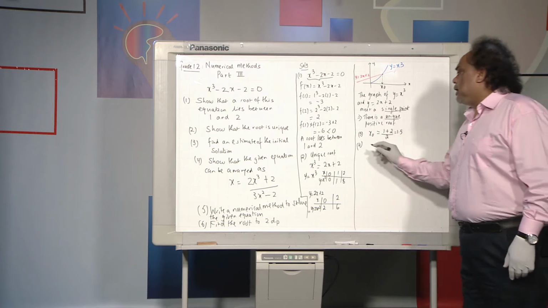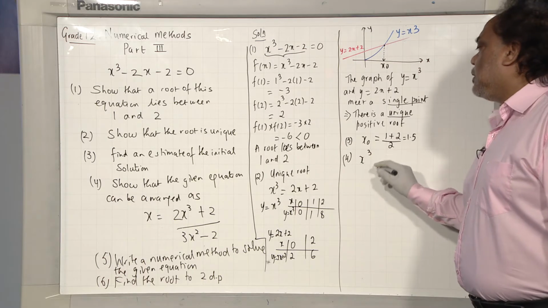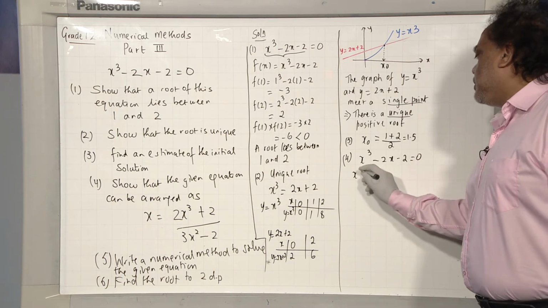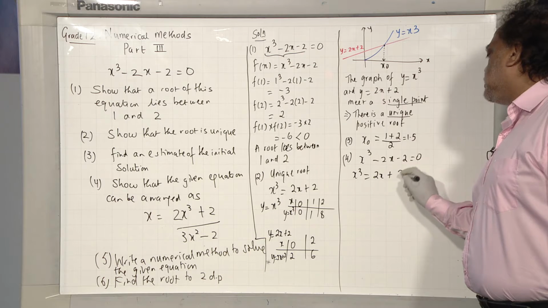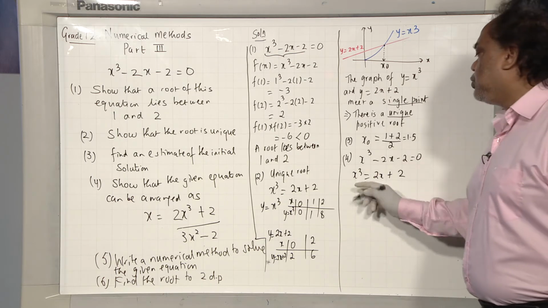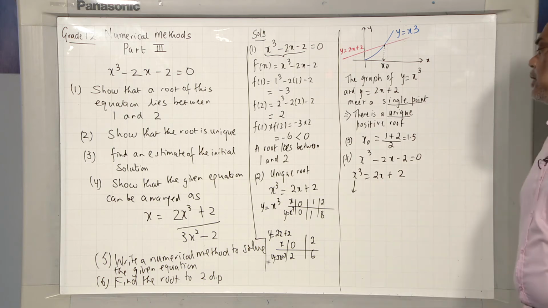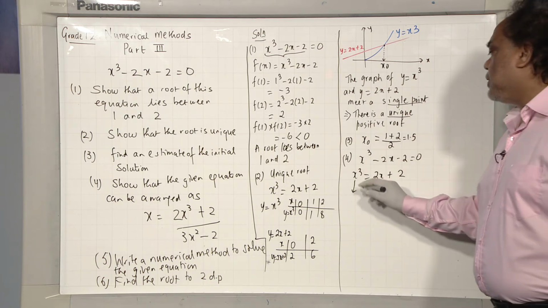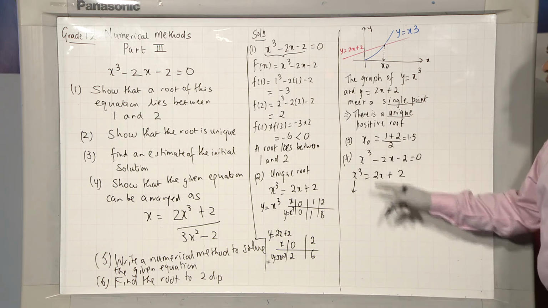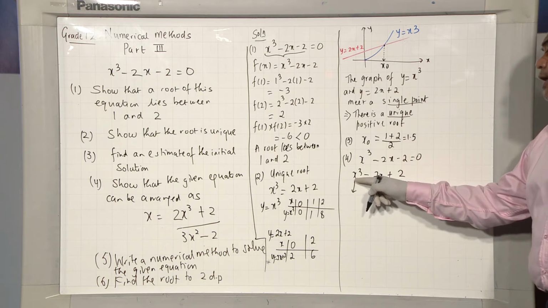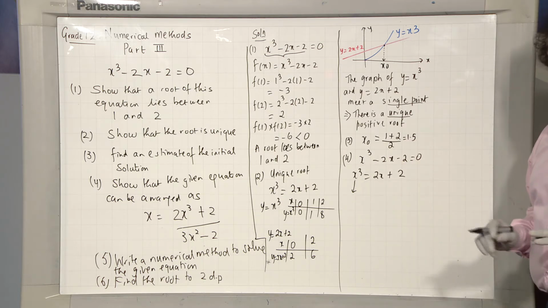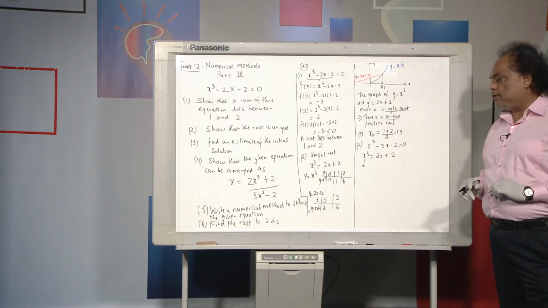So here, x cubed minus 2x minus 2 equal to 0 becomes x cubed is equal to 2x plus 2. Now, the x cubed, I'm going to write it differently. You can make x cubed take all sorts of arrangements that would give you different numerical methods.